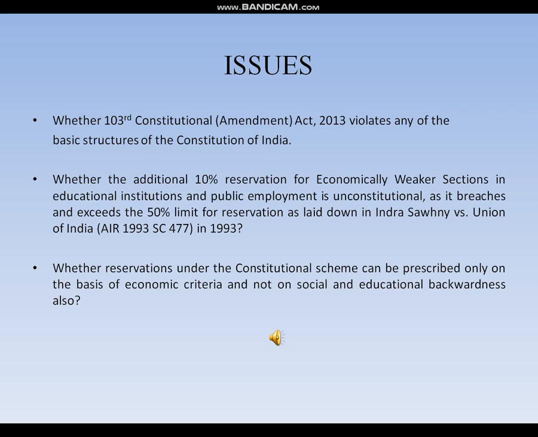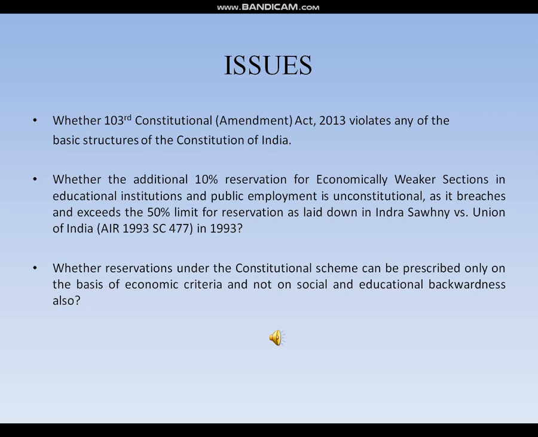Second, whether the additional 10% reservation, I hope you remember when we mentioned the special provision introduced by this particular amendment, 10% reservation besides the existing reservation, that means which was already given to the backward classes. So 10% reservation for economically weaker section in educational institutions and public employment is unconstitutional, as it breaches and exceeds the 50% limit for reservation as laid down in Indira Sawhney versus Union of India.